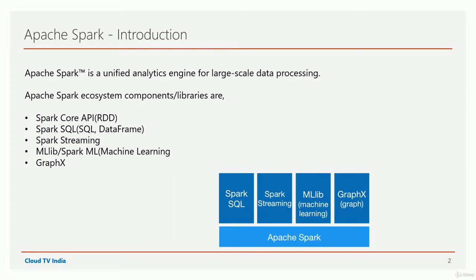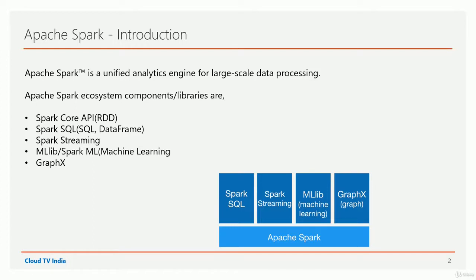As a whole, Apache Spark has ecosystem components or libraries. Underlying is Apache Spark Core API, where you process your data in terms of an abstraction called RDD. I will explain that in the coming slides. Once they developed the core engine, they implemented libraries for specific use cases.